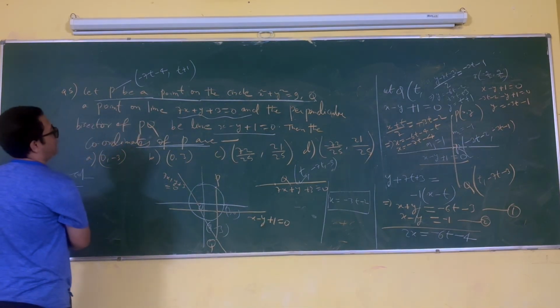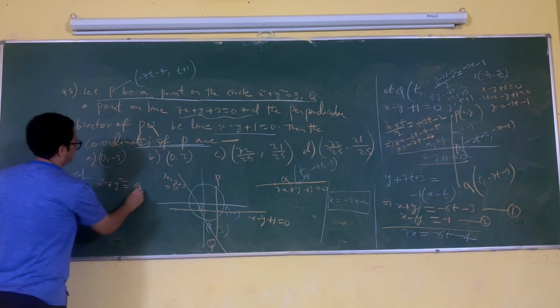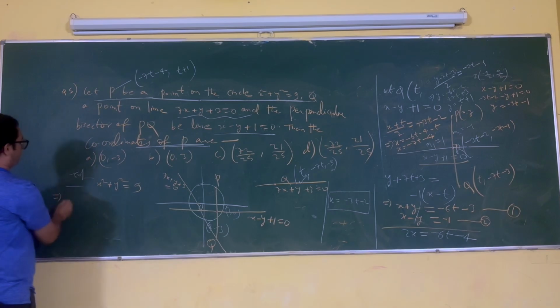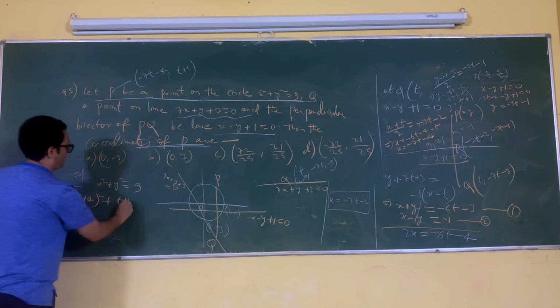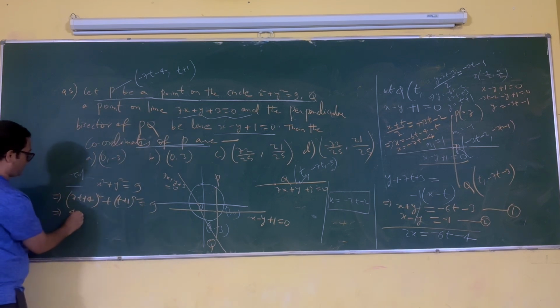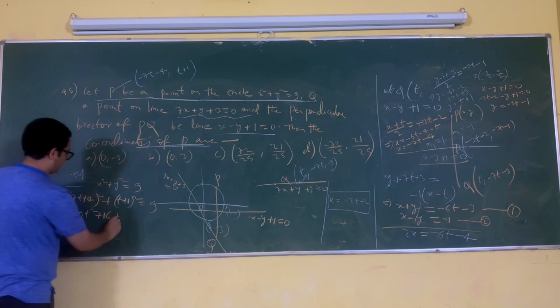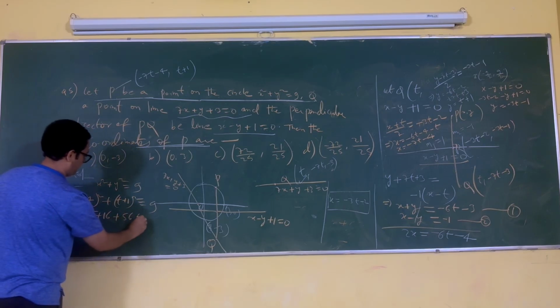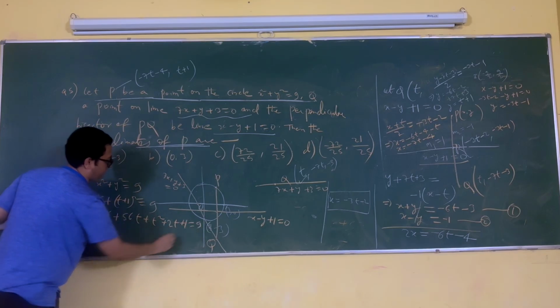So let us do it this way, like x square plus y square is equal to 9. So in place of x we can directly write 7t plus 4 because minus square is there, no problem, plus t plus 1 whole square is equal to 9. So it will be 49t square plus 16 plus 56t plus t square plus 2t plus 1 is equal to 9.